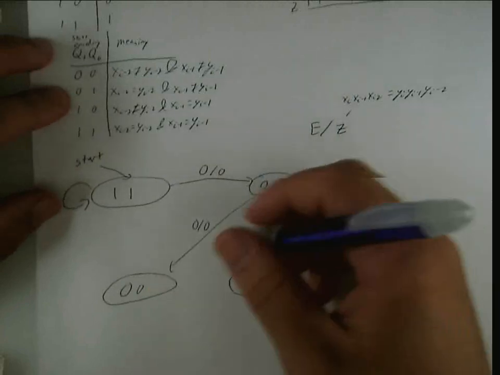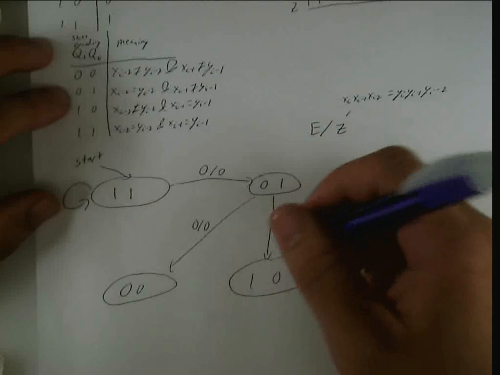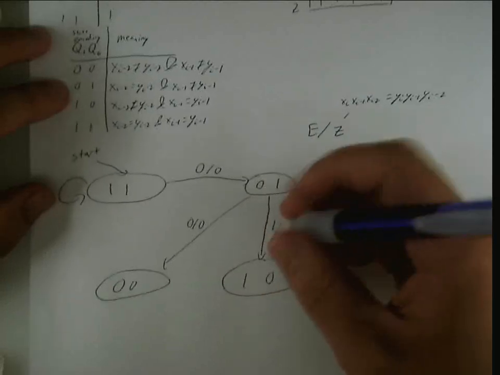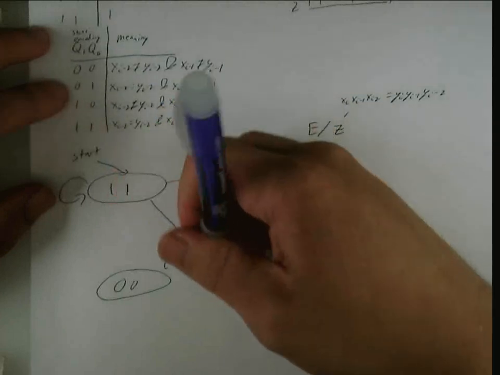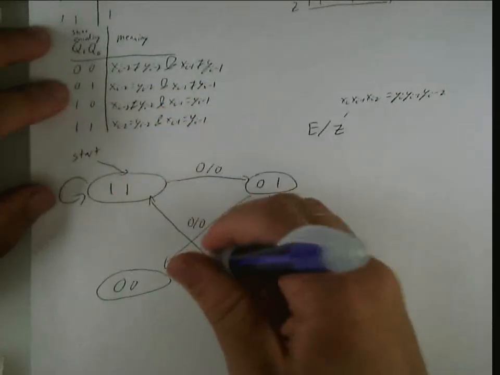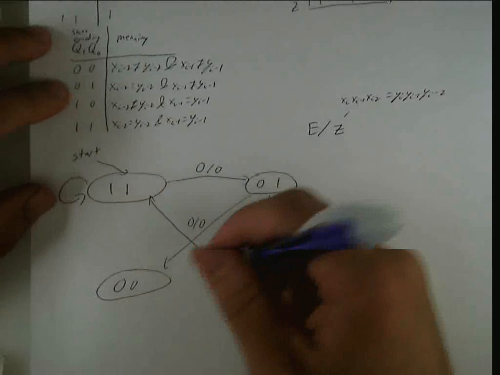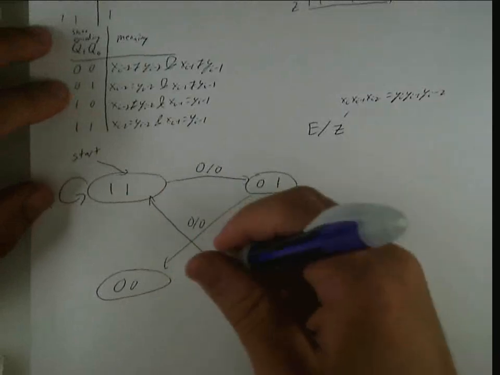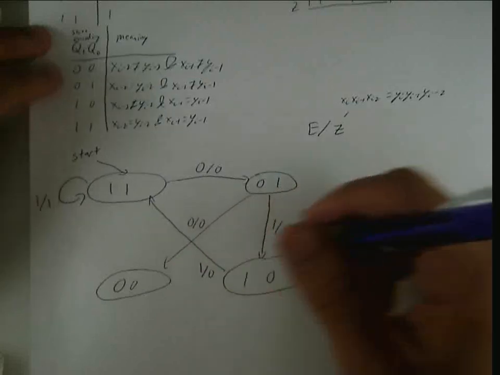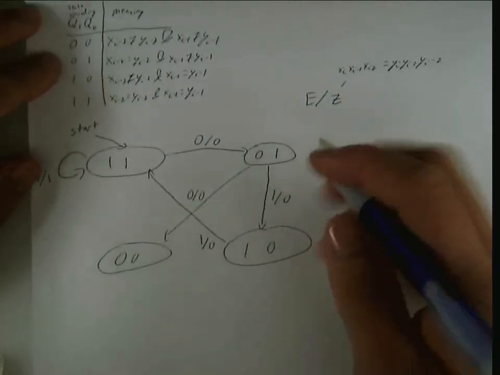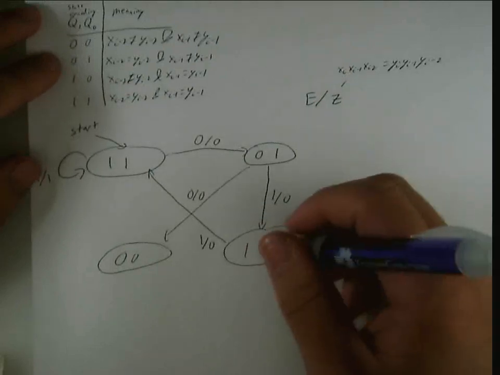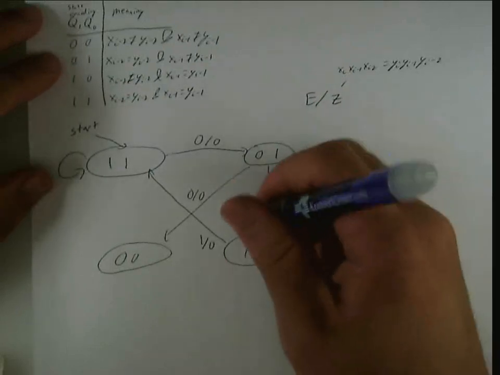This will send me to, so let's do this one first. 1, 0. If I get a 1, that's going to send me to here. So that's saying I've now found 2 bits in a row, so that's still not, they're equal. And the 0, so if I get, this will send this back up to here.